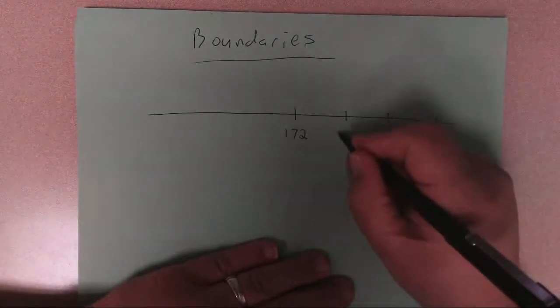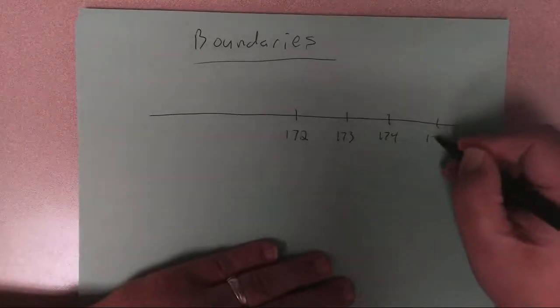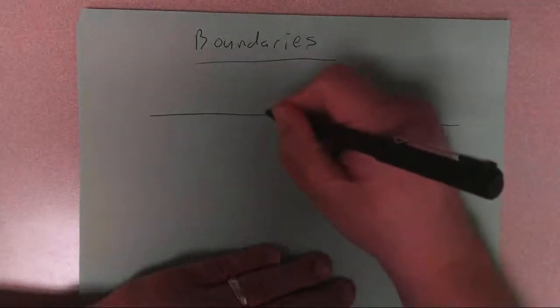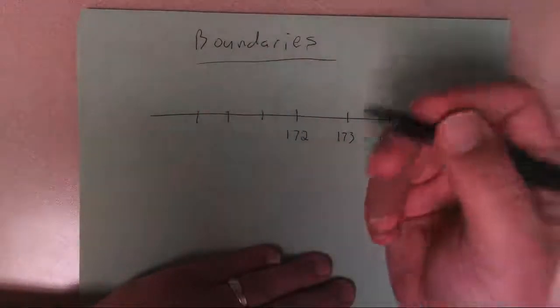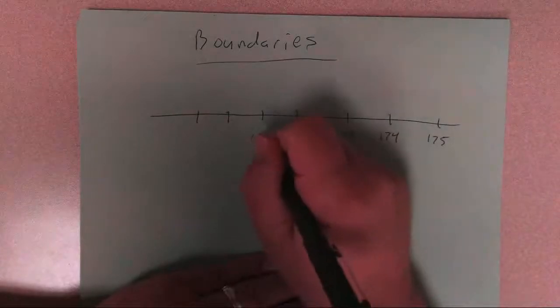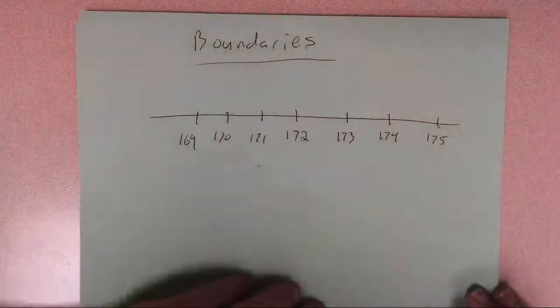So let's say here's my scale, 173, 174, 175. And this might be 171, 170, 169.